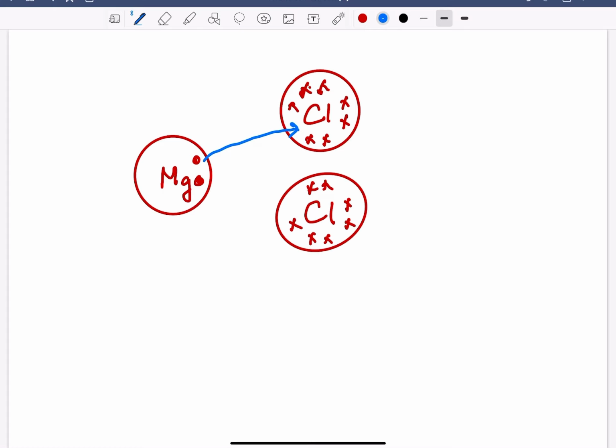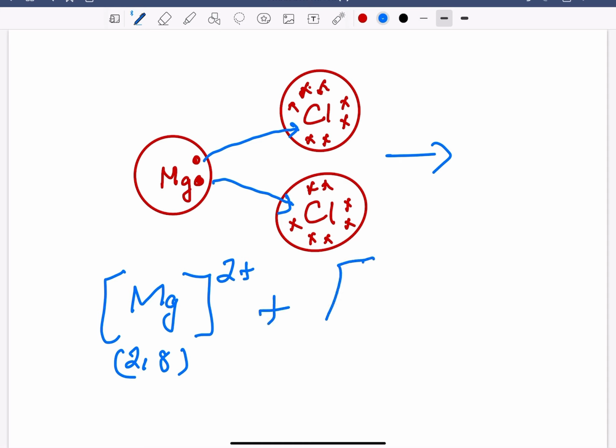Now, the transfer of electrons from magnesium to one chlorine and then to another chlorine. So we observe that magnesium is giving one electron to the first chlorine and another electron to the next chlorine. Now finally we can write this as Mg in a square bracket with 2 plus, that means it has a charge of 2 plus because it is giving 2 electrons, and now it has 2 and 8 electrons.